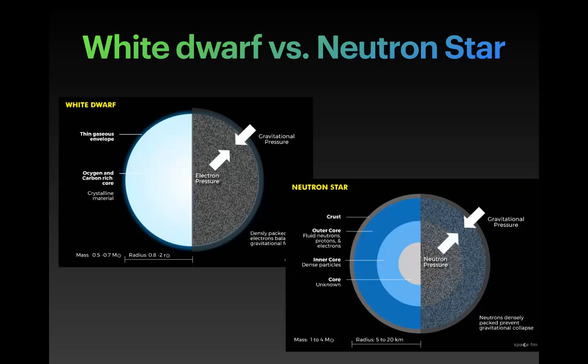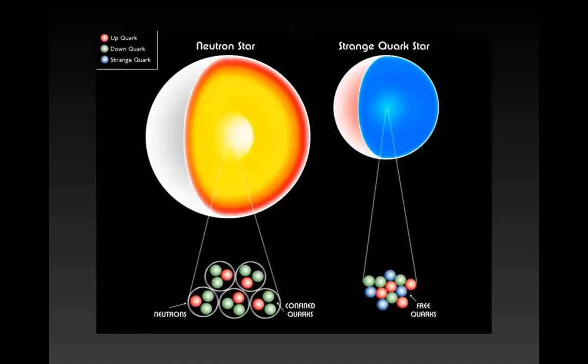With the neutrons, it's even more complicated because we're making this approximation as if everything's made out of neutrons, but there's still going to be some protons and electrons left over, and the very core we still don't know what it might be made out of.